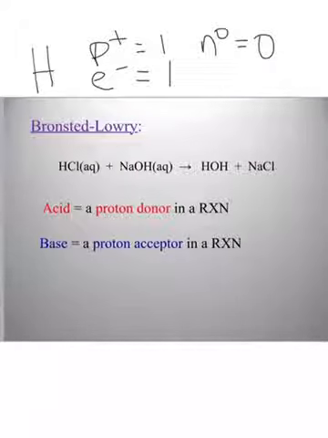Does that make sense? Is that confusing? It's a hydrogen atom that lost an electron. Bronsted-Lowry defines the acid as a proton donor because something has given up its hydrogen, and when it did, that hydrogen lost the electron that was keeping it there. So it's just this proton.